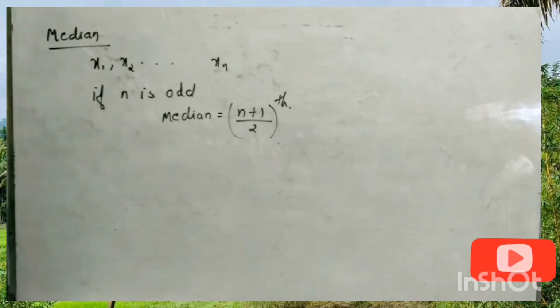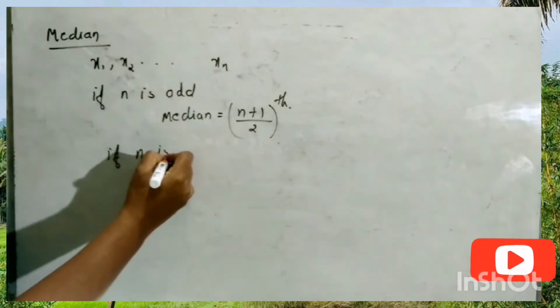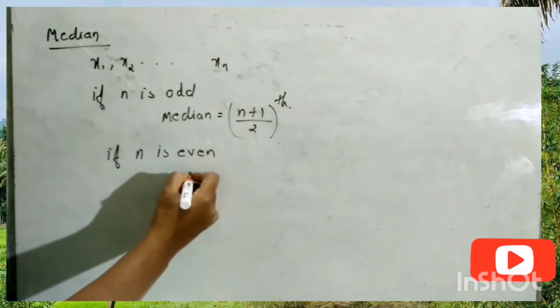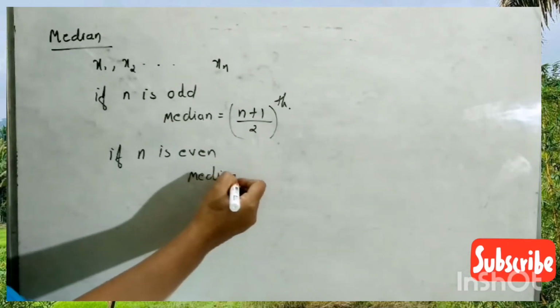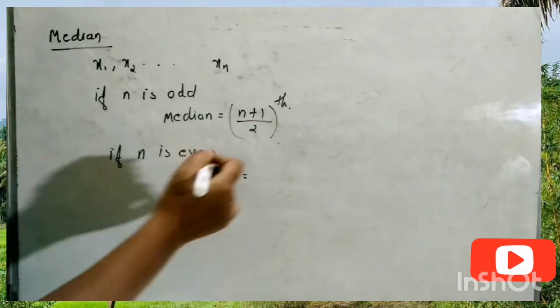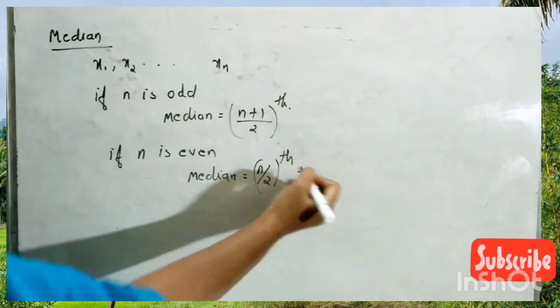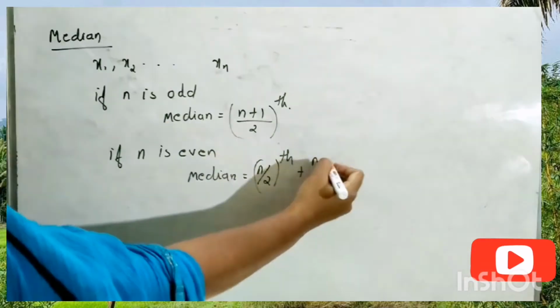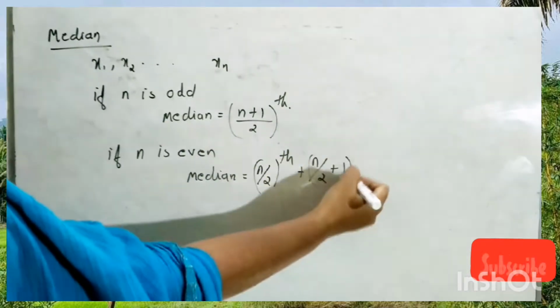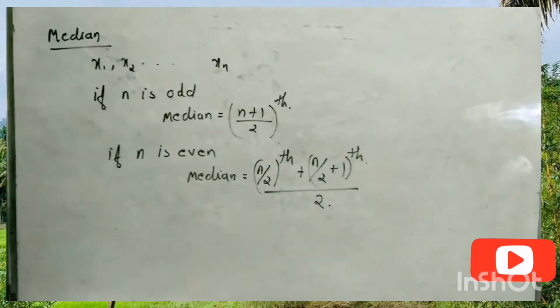And if n is even, then median is equal to the average of n by 2th and n by 2 plus 1th observations.